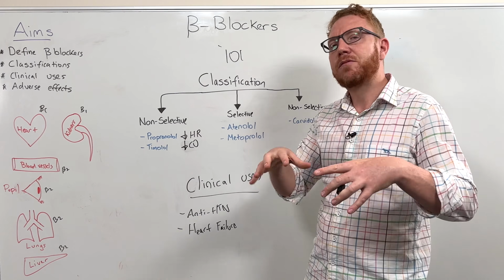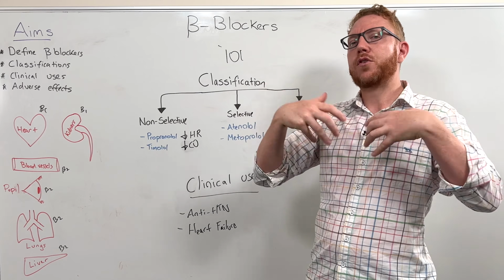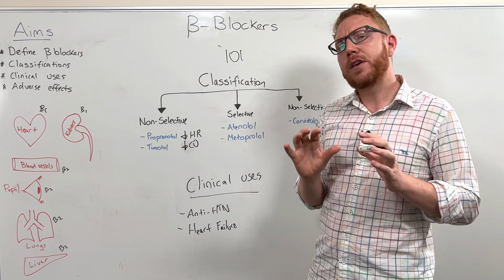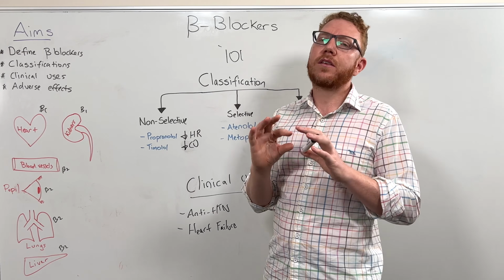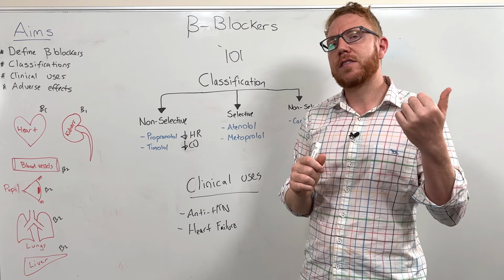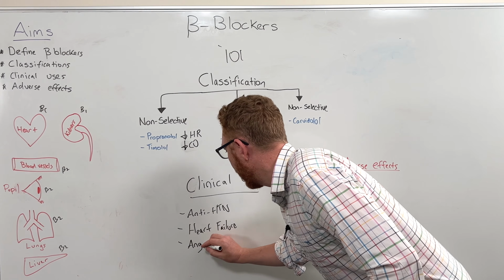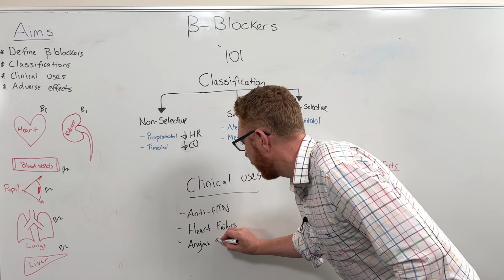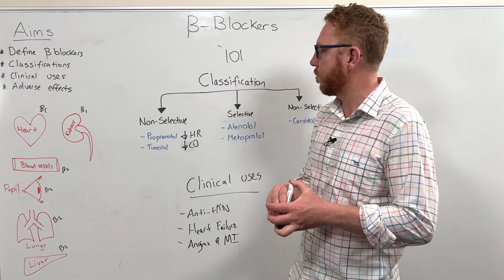That means the heart isn't so demanding of oxygen, therefore blood flow to its own muscle is better. Therefore, it can be used in certain cases where we have ischemic problems to the heart. This could be in cases of angina, or after a myocardial infarction. So after an MI, it can also be useful.